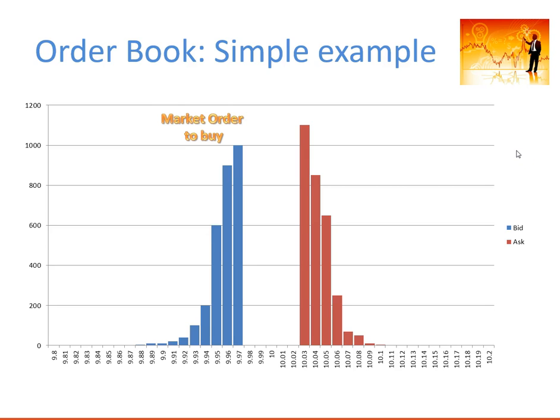A simple example of this: let's imagine that we've got an order book that looks something like the following. We've got a stock where the current mid price is $10, which is the average between the bid and the ask price. Each of these stacks that we can see is demand to buy and sell the stock. The blue stacks on the left are orders that people have placed to buy stocks.